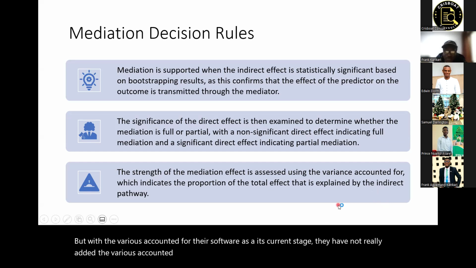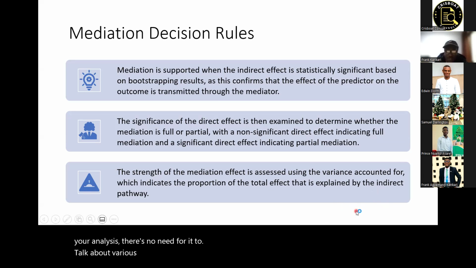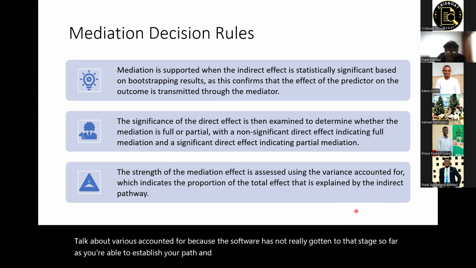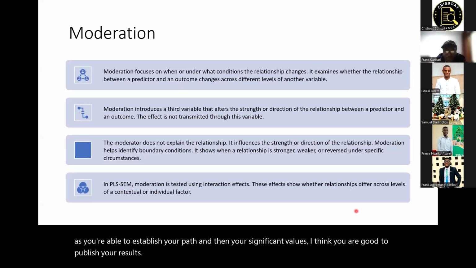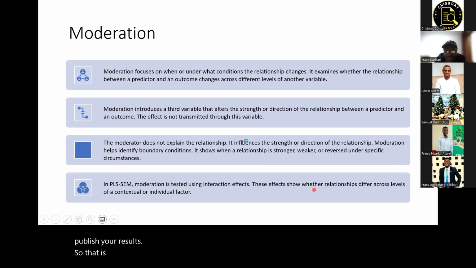So with SmartPLS, if you're using SmartPLS as the sole tool in your analysis, there's no need for you to present or talk about variance accounted for because the software has not really gotten to that stage. So far as you're able to establish your path and your significant values, I think you are good to publish your results. So that is some few information about mediation.